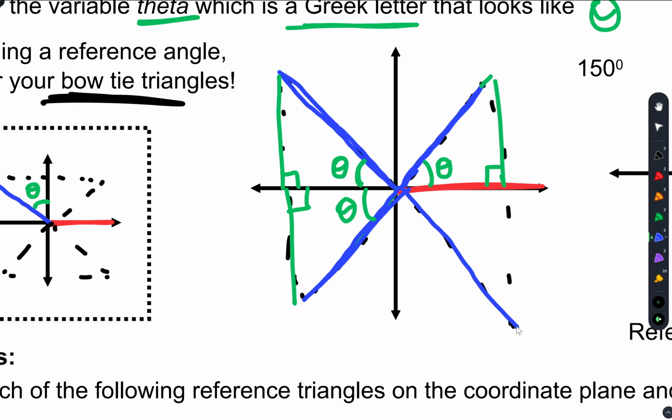If it went over here, here's where my reference angle would go. And then here's my right triangle. Okay, so it's kind of going to look like one of those options. It will never look like an hourglass shape. Don't do it. Good?